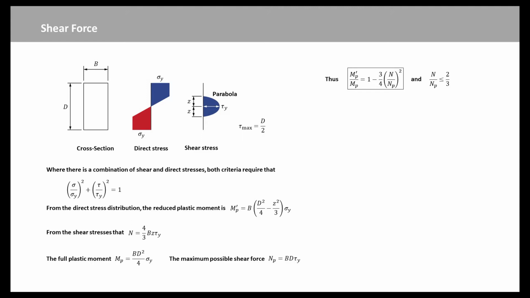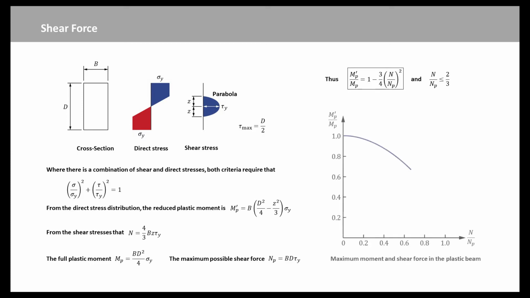Thus, we have this equation. Notice that Z max is half of D. If that is substituted in the N expression, it can be seen that the MP' over MP equation only holds if N over NP is less than 2/3. This is plotted in this figure.